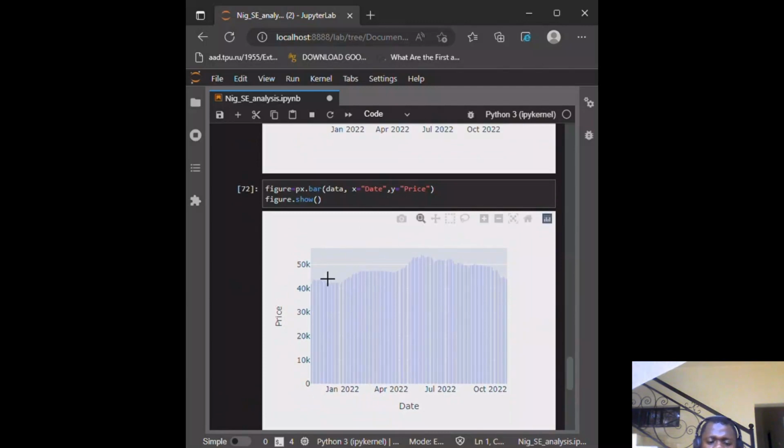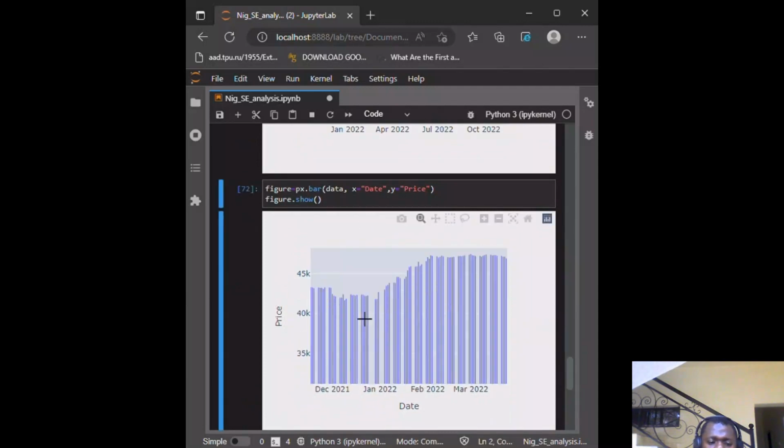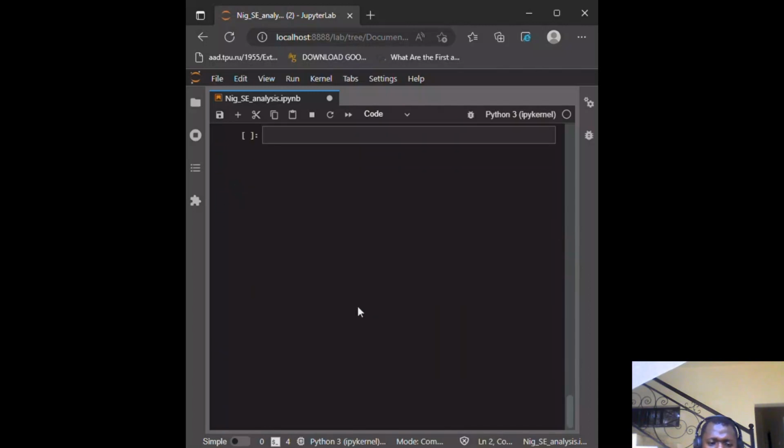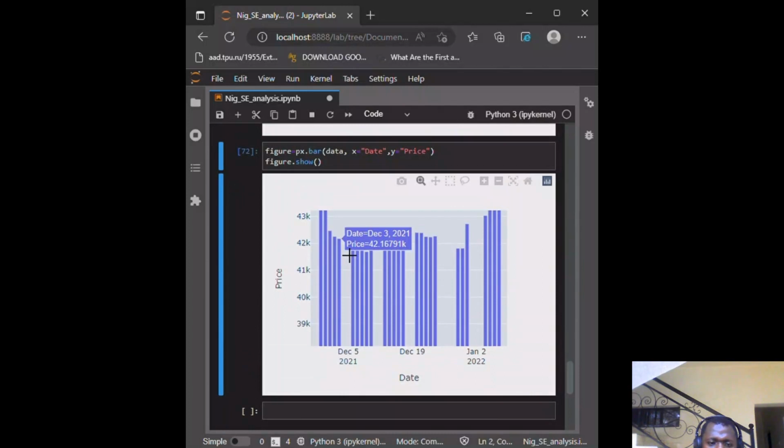So this is our bar graph. Each bar stands for each day.